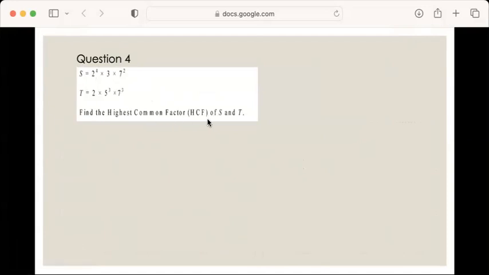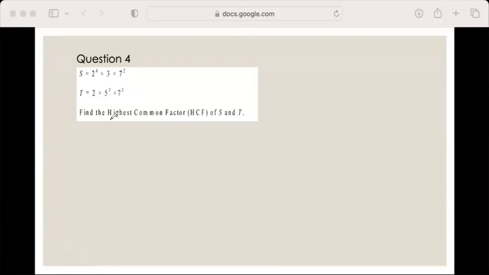Find the highest common factor. You know, when you find the highest common factor, you take the lowest of the factors. So let's see what are the lowest of the factors. Now here for S, we have 2 to the power of 4, 3, and 7 to the power of 2. And for T, it is 2, 5 to the power of 3, and 7 to the power of 3.